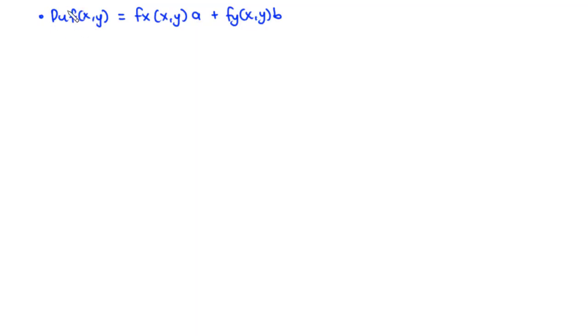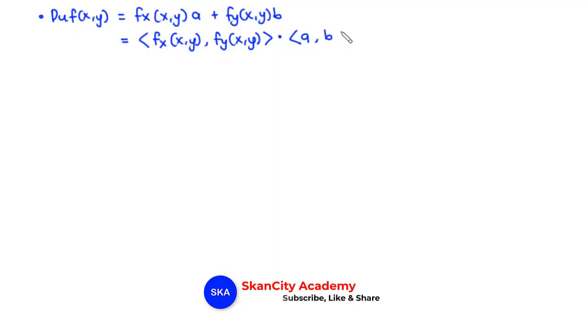Now this directional derivative can as well be expressed as the dot product of two vectors. So we can have the first vector having components f_x(x,y), comma, f_y(x,y), and then the second vector having components a, b.